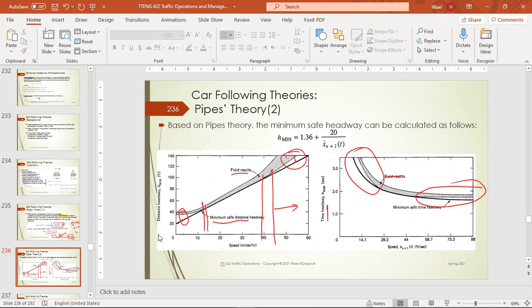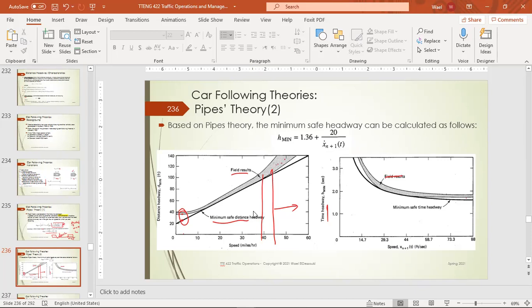Here we have a comparison between Pipes' theory and field observation, and as we can see, the gray area, this is basically the field observations. This area, this is field observation, and that's Pipes' theory.